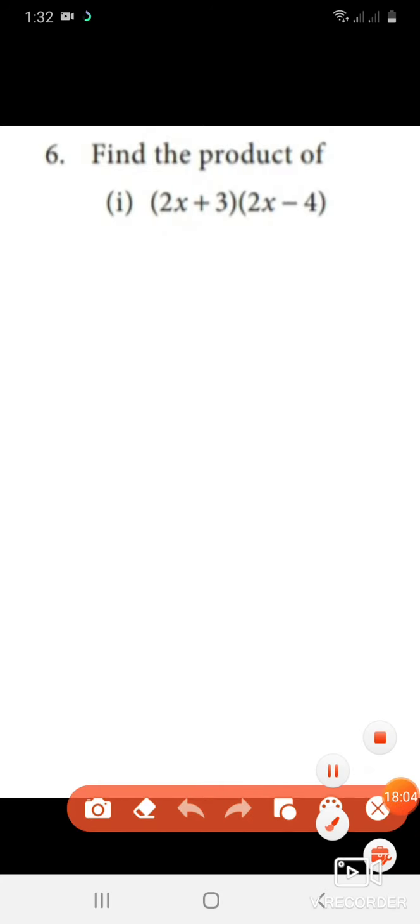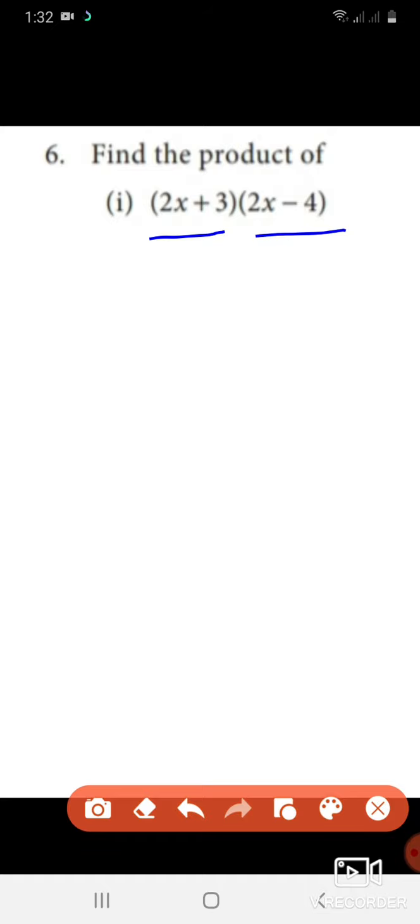Next one, find the product of. Here also we are going to find product. Okay, now listen carefully. We are going to multiply the, here what type of expression is this? That is polynomial. Binomial, we have 2 terms, binomial by binomial.